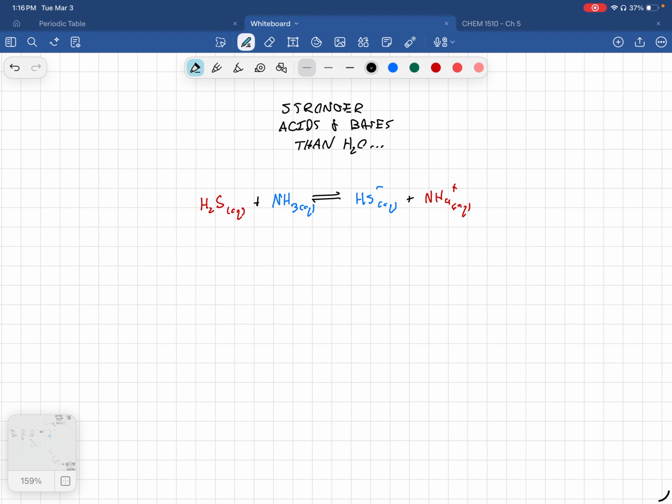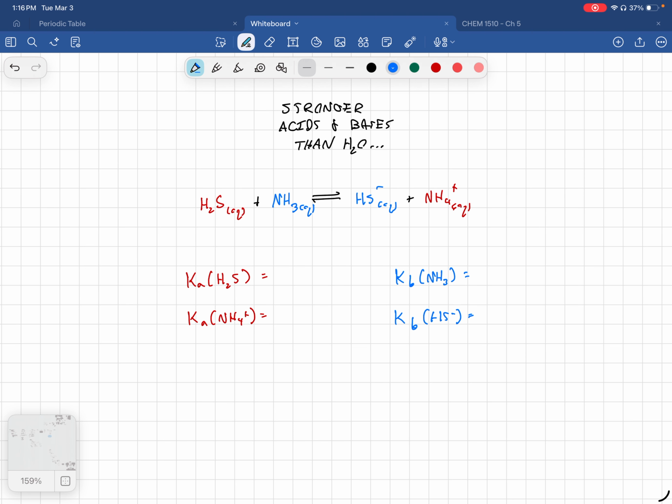Now note, all of these are stronger than water, okay? So note, we could look up our Ka for H2S, our Ka for NH4 plus, and we can look up our Kb for NH3 and our Kb for HS minus.